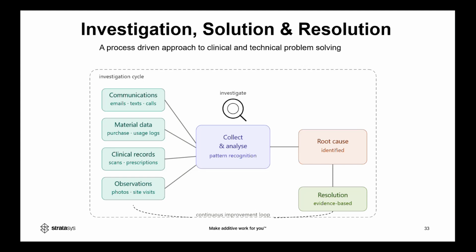We collect everything and analyze all this data through our investigation process, come up with a root cause, discuss this root cause with you, and finally come up with an evidence-based resolution to these problems. So this is the more visual workflow chart, so you can see our thought process on problem solving. Thank you.